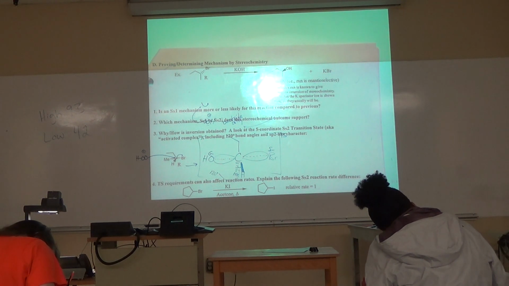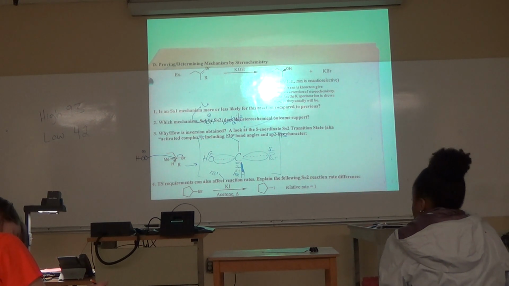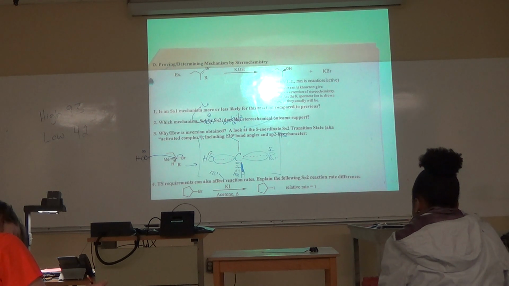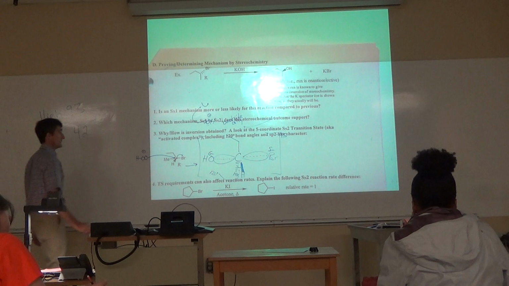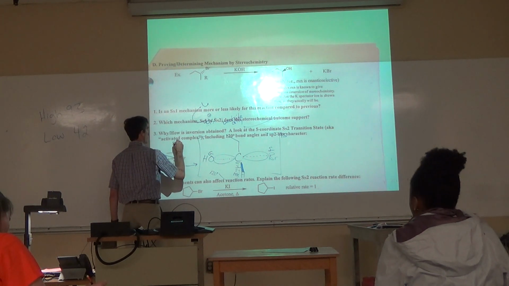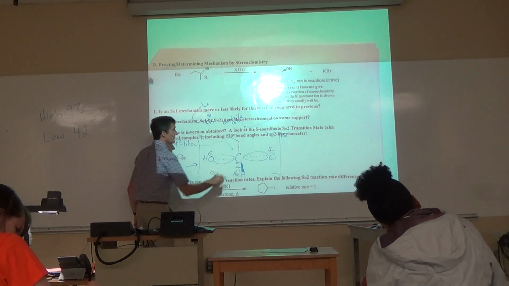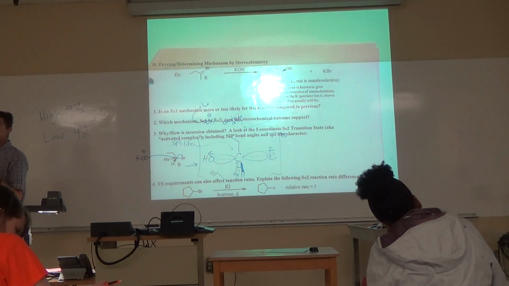Now that center carbon looks like sp2 with the p orbital. In the transition state, the carbon that's being attacked becomes sp2-like in terms of its geometry, orbital description, and bond angles.